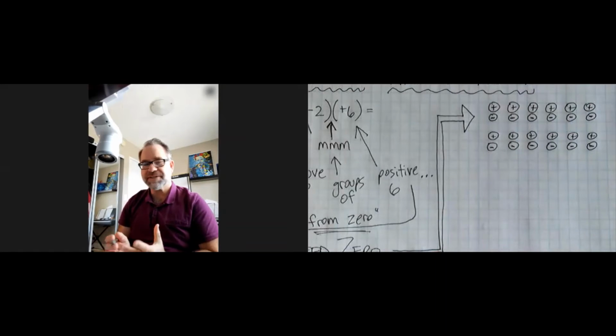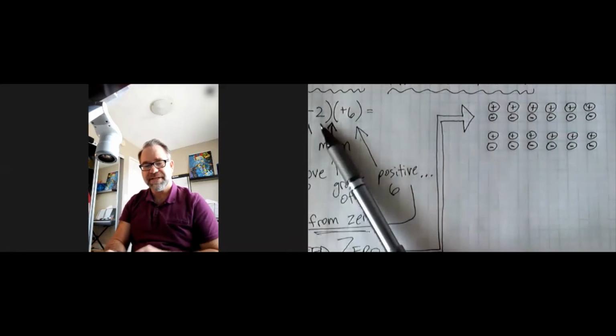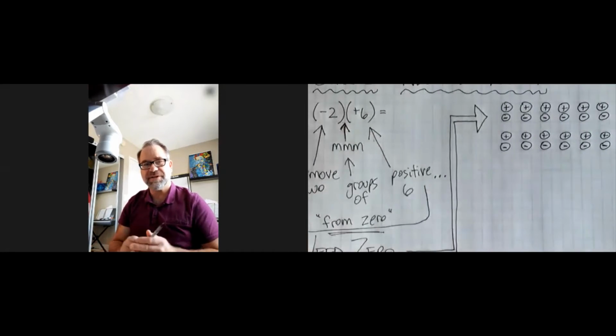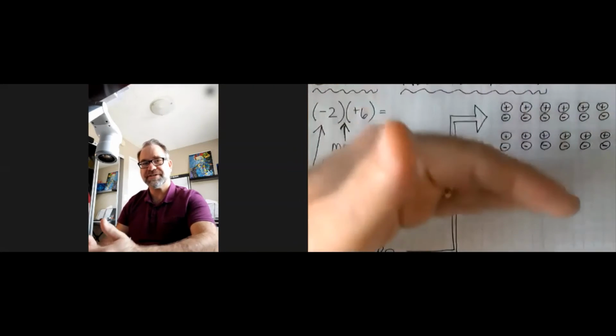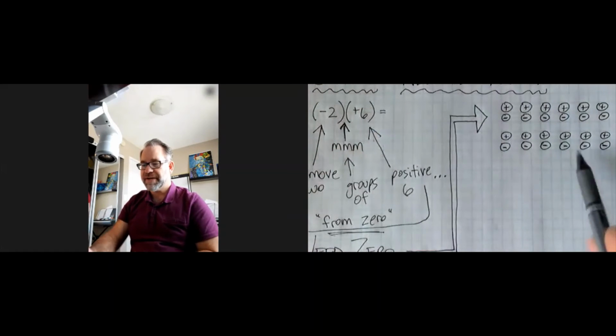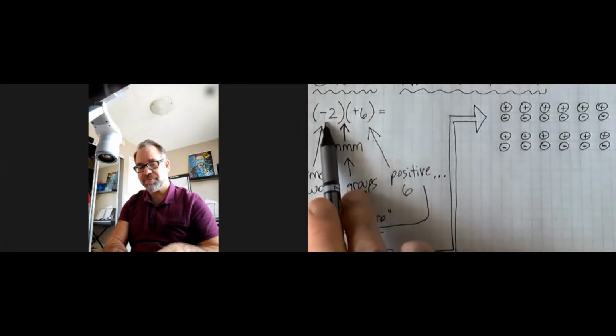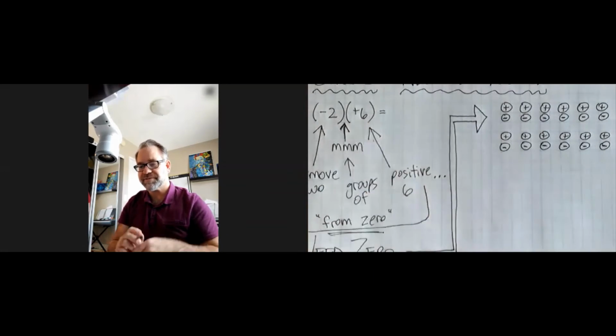Okay, so now this is my first picture. The other thing that makes the negative integer case a little bit trickier is you need to draw more than one series of steps in your model. So now this number here is 0. And now it's set up so that I can remove 2 groups of positive 6 from it.